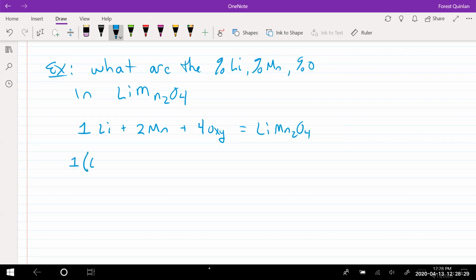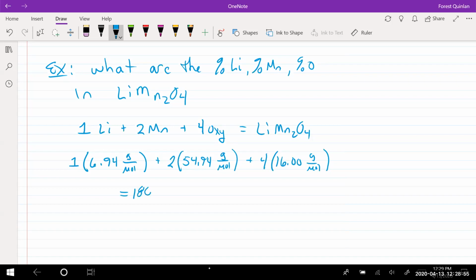So I'm going to take 1 times the 6.94, that's for lithium, plus 2 times manganese, which is 54.94 grams per mole, and 4 times the 16.00 grams per mole for the oxygen, to give me a whopping 180.82 grams per mole for lithium manganese oxide.